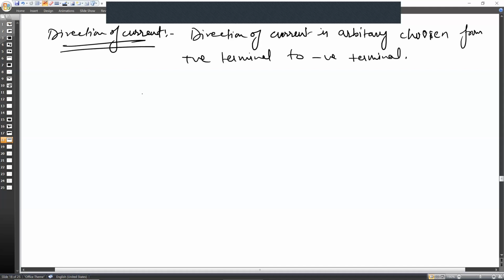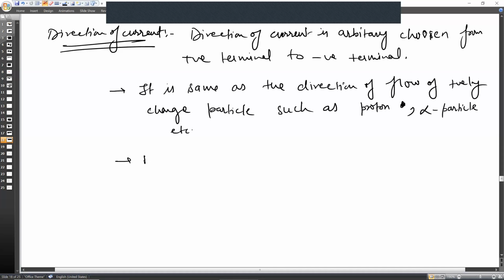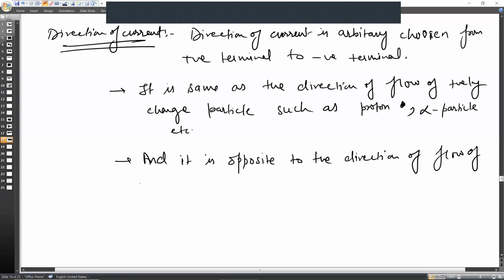Okay, and we can say that it is the same as the direction of flow of positively charged particles such as proton, alpha particle, etc. And it is opposite to the direction of flow of electron.